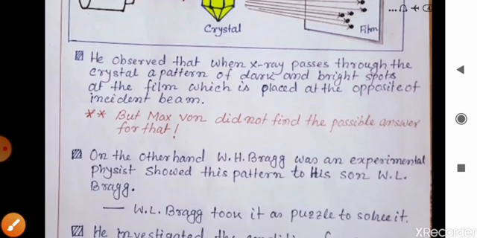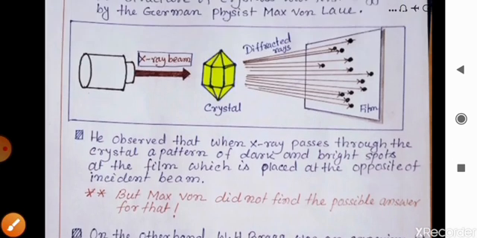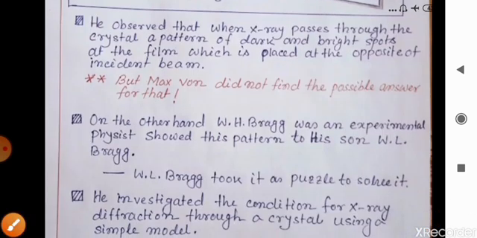In the meantime, W.H. Bragg, who was an experimental physicist, showed this pattern to his son W.L. Bragg. For your information, for this study, Max von Laue got the Nobel Prize in 1914. And this is a story of father and son.